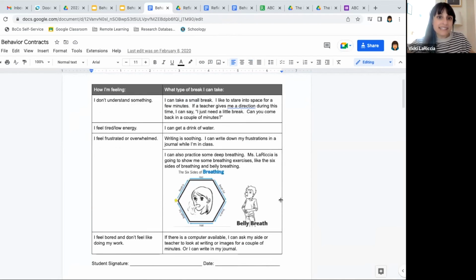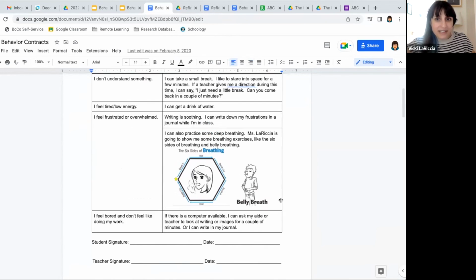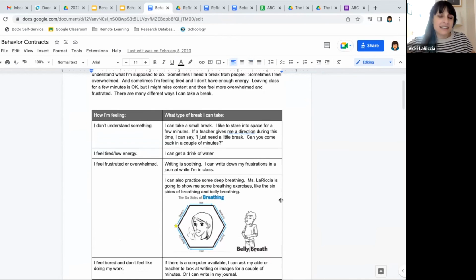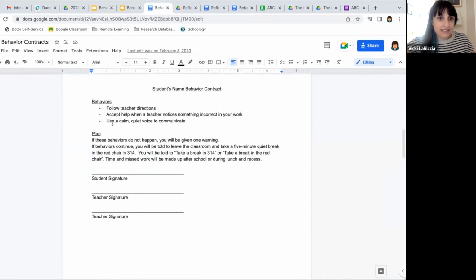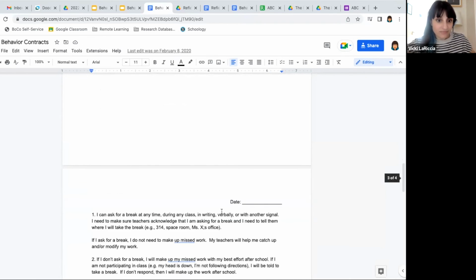So a contract is kind of like a promise, like any contract. Sometimes I feel this way, and when that happens, I'm going to do X, Y, Z instead of doing A, B, C. And you have the student sign it, you have other teachers sign it, sometimes you have the parents sign it.